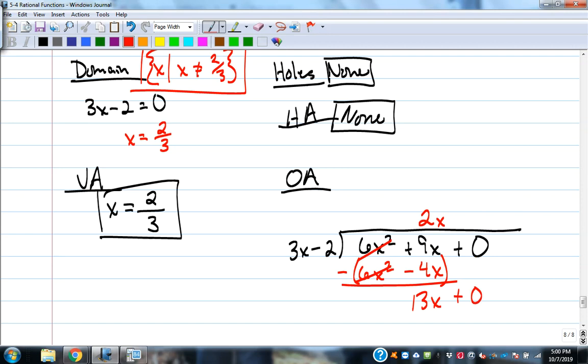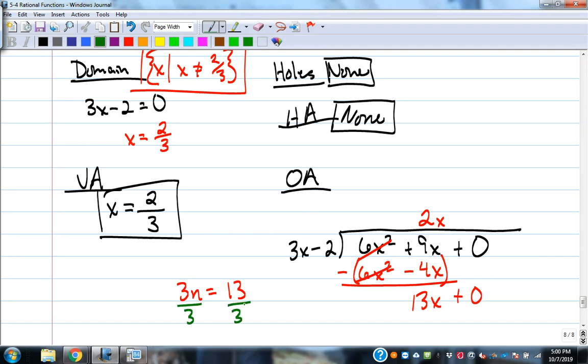And here's where it's a little tricky. What times 3 will get me 13? Or what times 3x will give me 13x? And the easiest way to think of that is say 3 times what equals 13. How do you solve that little equation over here?